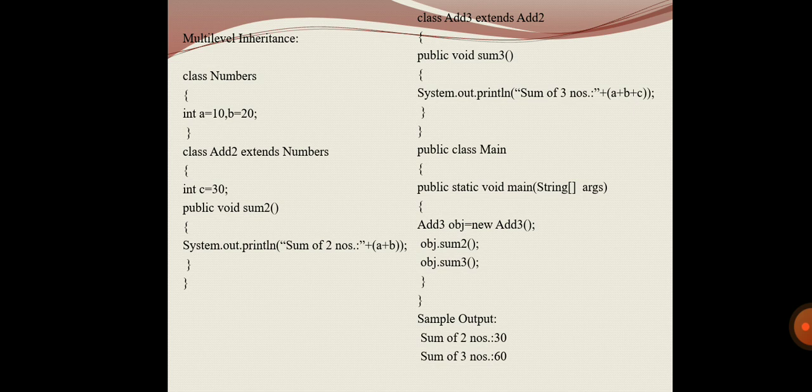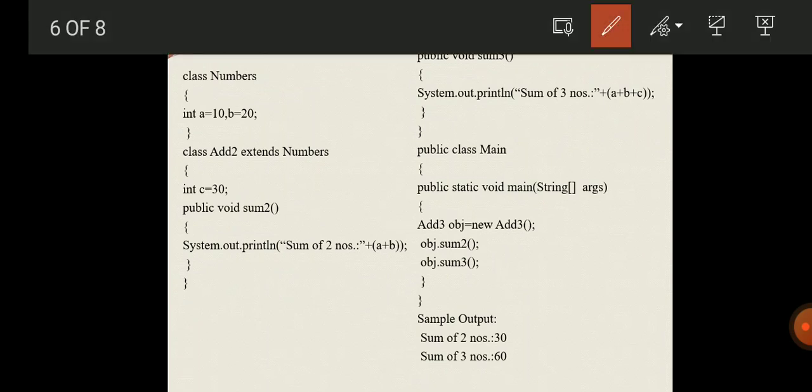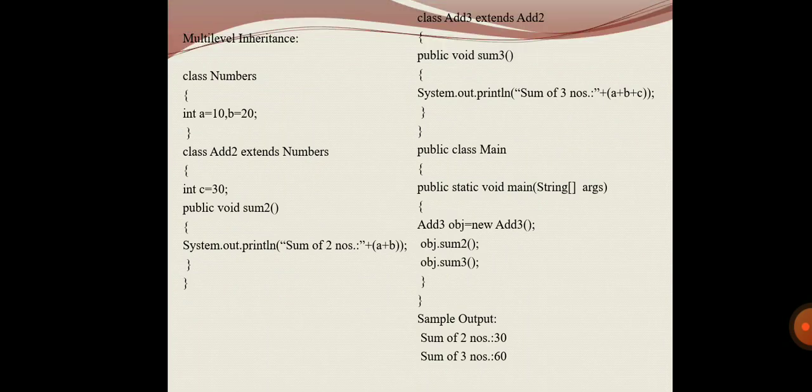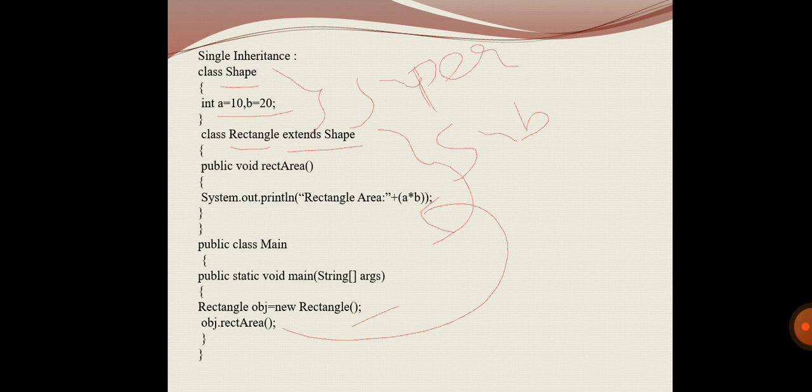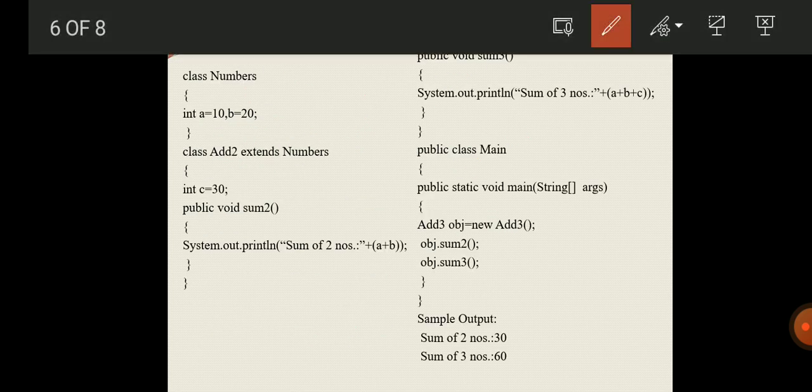Here we have three classes. First, class number, in which we have the values A as well as B. Next, another class add extends number, so it is a subclass of number.